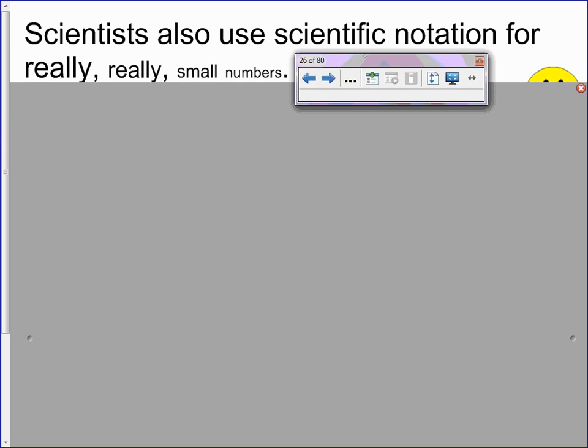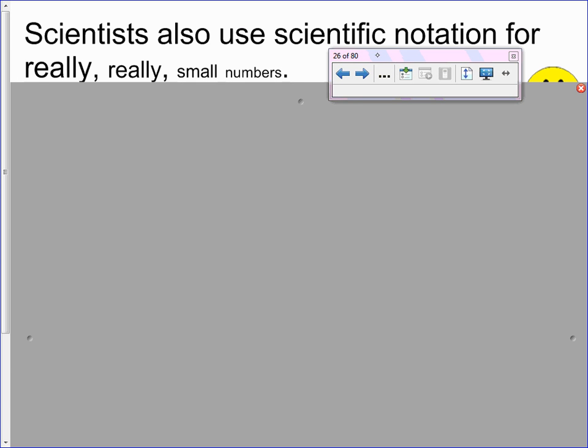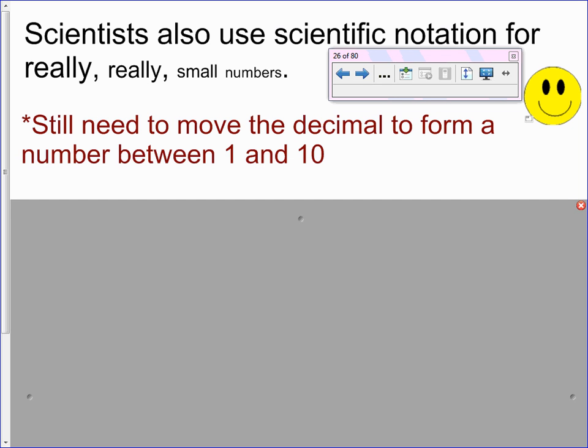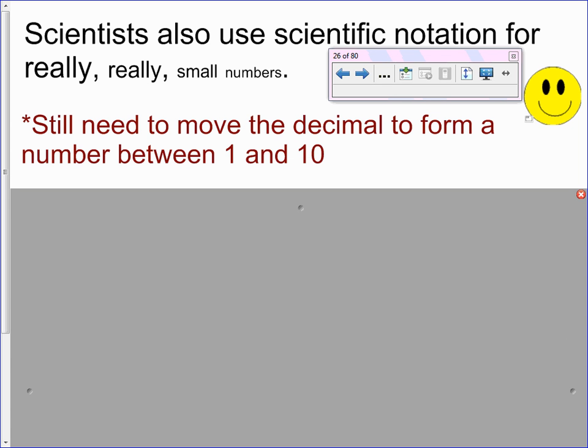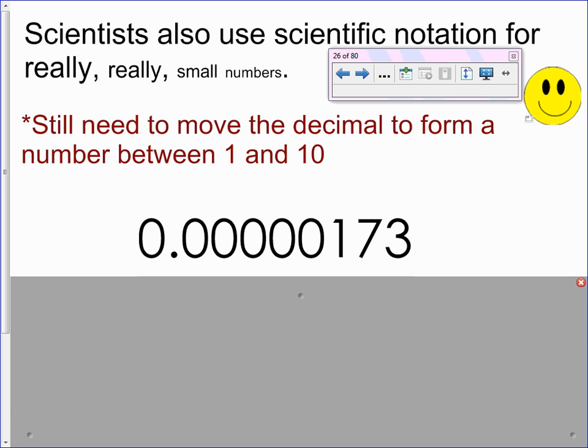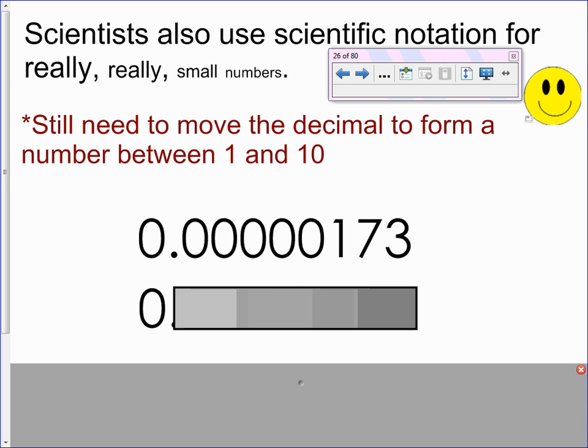So that leads us into, well, what about the really small numbers? When scientists make measurements, such as measuring the size of a cell, the number's going to be really, really, really small. So you still need to start with the same process: move the decimal to form a number between 1 and 10. So here's my really, really small number. I'm going to move my decimal point. Right now it is right here.